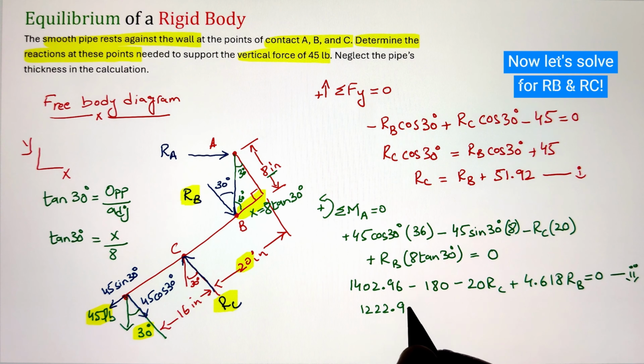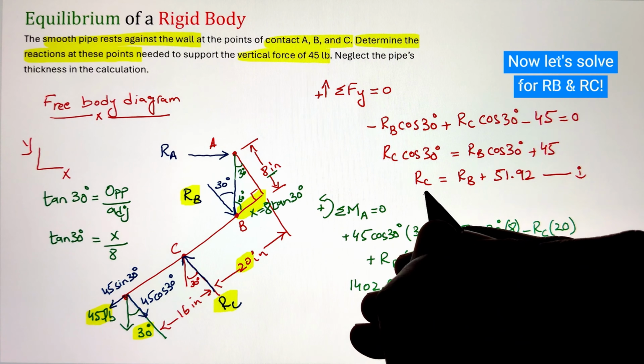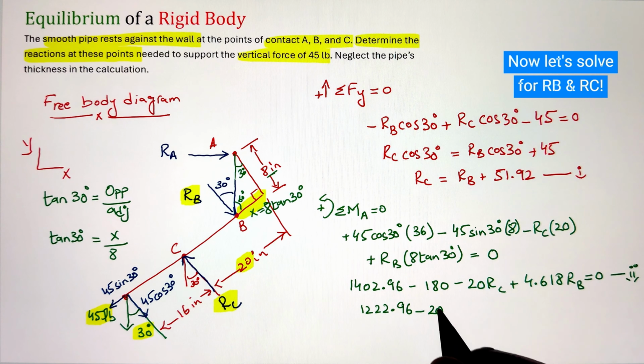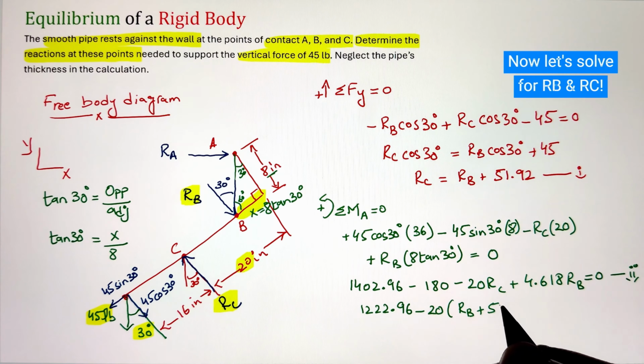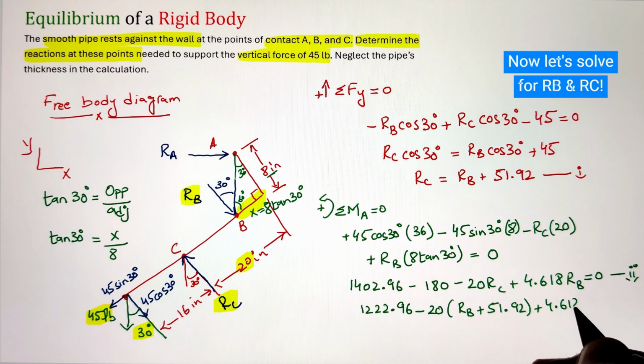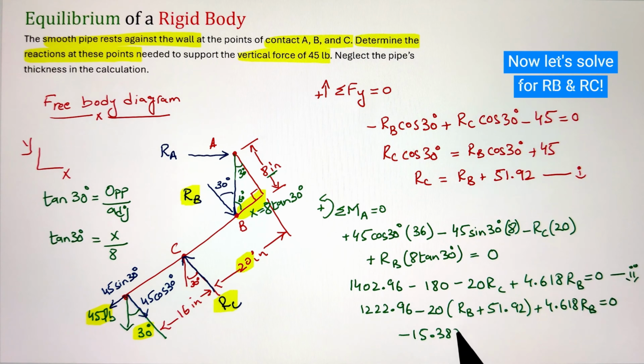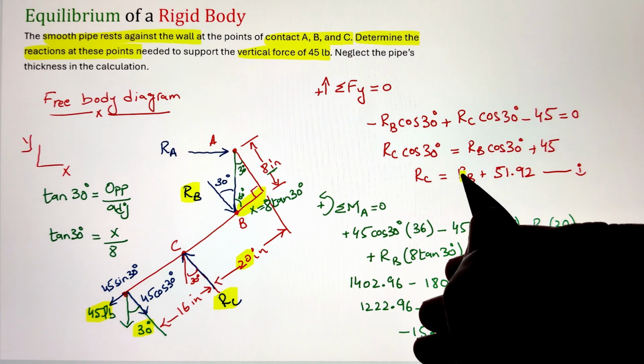So I can solve those simultaneously by plugging in the value of Rc from equation 1 into equation 2. Simplifying, we get our value of Rb as 12 pounds. Once we have that 12 pounds, we can plug it back into equation 1 and solve for Rc. That comes as 63.92 pounds.